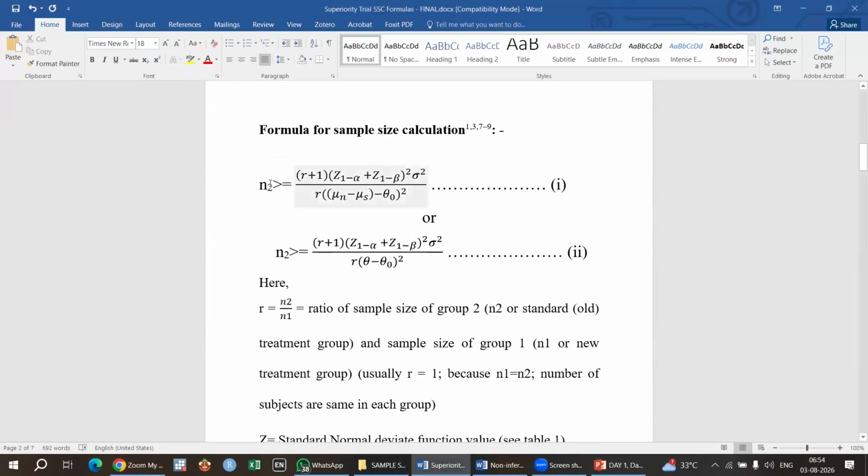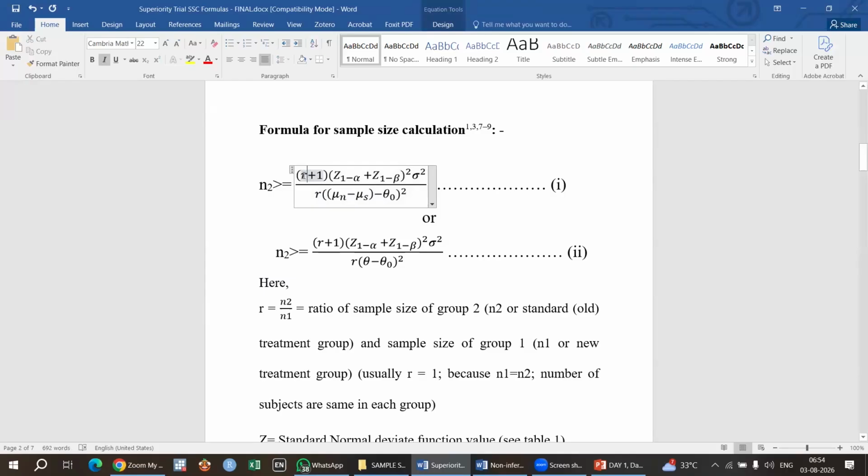Please see this formula. It is almost similar to what we have done for an RCT of 2 groups for mean difference. I will send this file. You will try this, practice this.